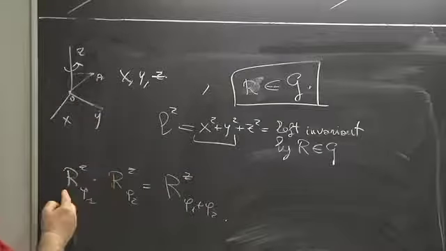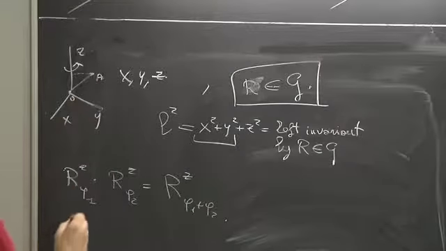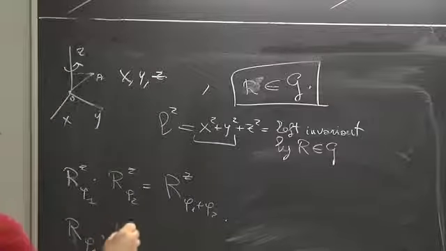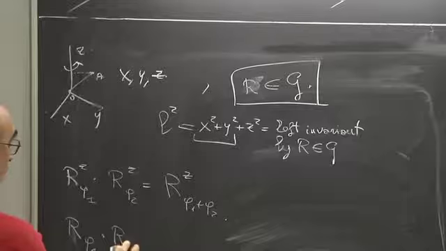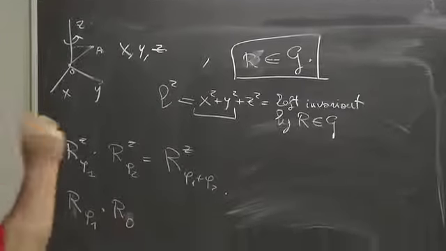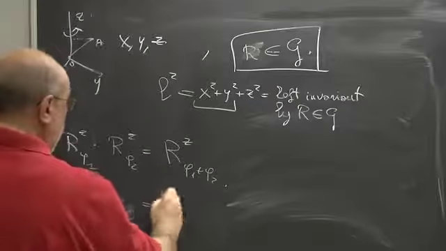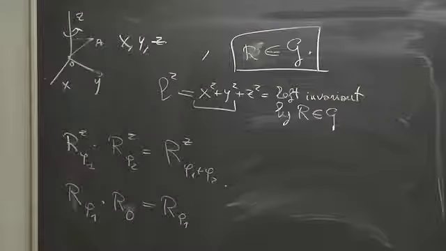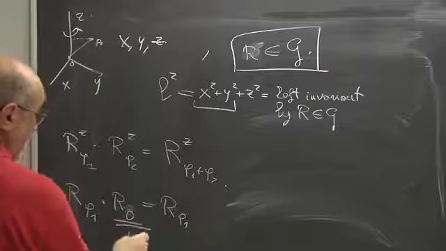This is an abstract operation, meaning rotation. Question: is there the identity element? Yes, the identity element is rotation by zero angle. You do a rotation by phi 1, then a rotation by a zero angle, and you are left there. So this is the identity element.